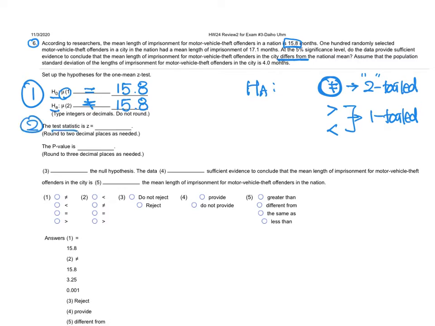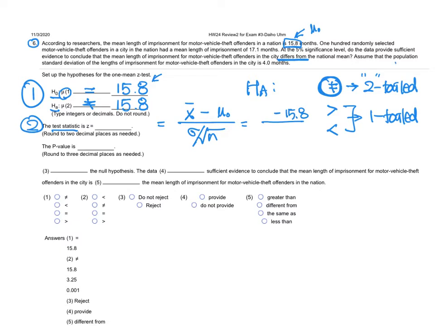The second step, we need the test statistic. The formula is the sample mean minus the initial setting value from the null hypothesis, divided by sigma over square root of n. The 15.8 was the initial setting value.